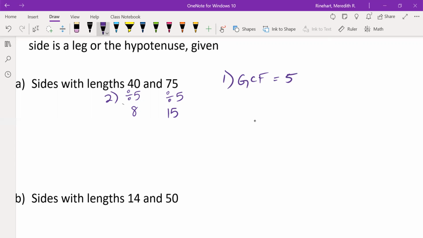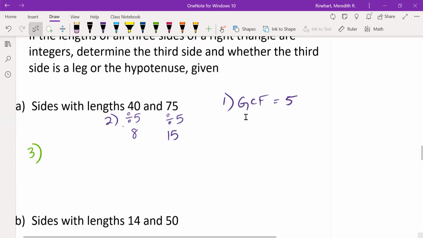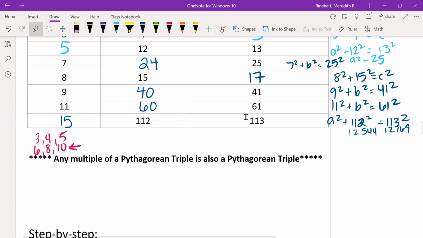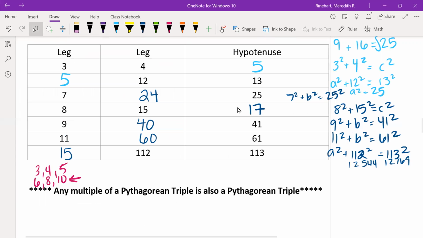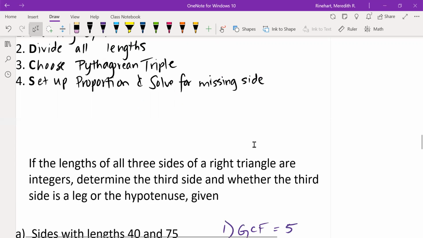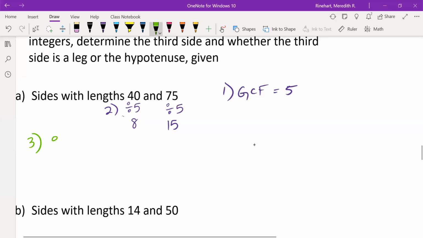So our third step then is to pick our Pythagorean triple. Our Pythagorean triple here that works is 8, 15, 17. Our hypotenuse is what's missing. So we know these two sides, so we're going to use a proportion to find our missing side.